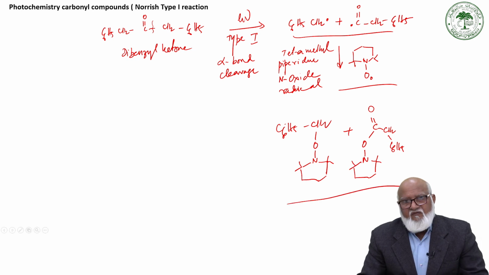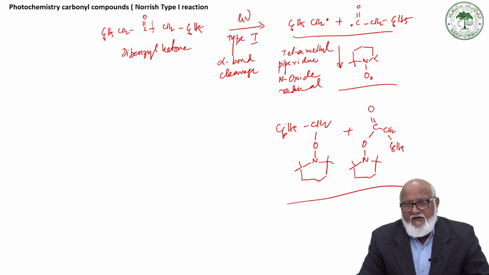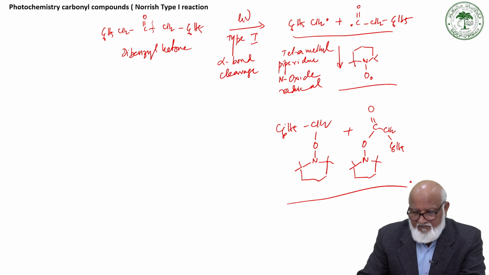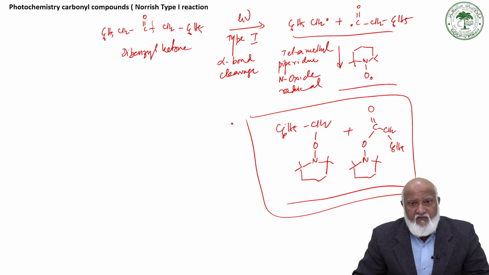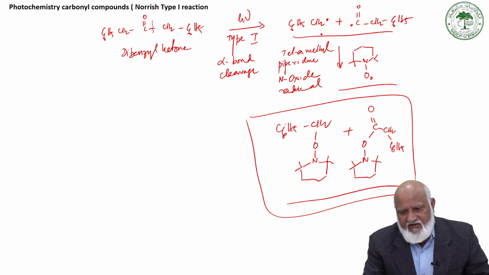The formation of these products very clearly establishes that aliphatic ketones undergo Norrish type 1 reaction, which is alpha bond cleavage to give you an acyl radical and a carbon center radical. These in turn react with radical trapping agents such as tetramethyl piperidine N oxide to give these two products.